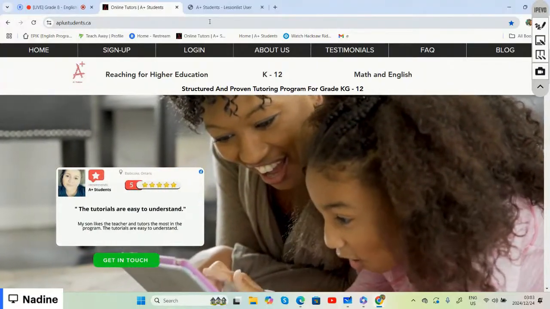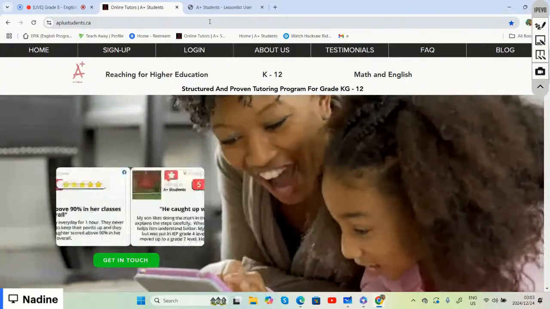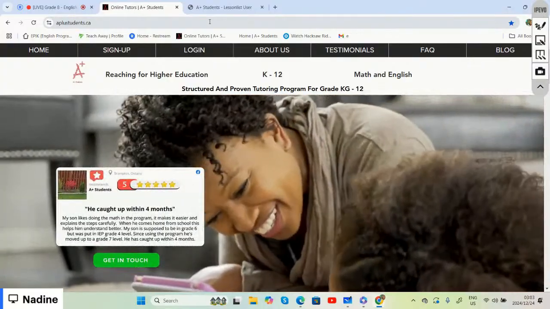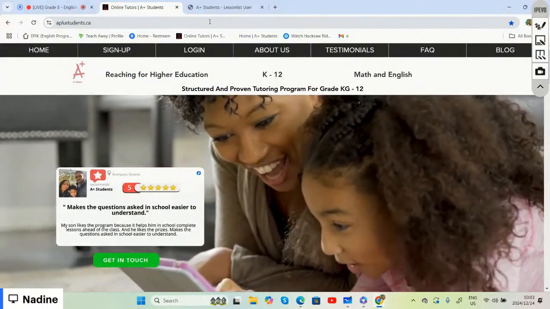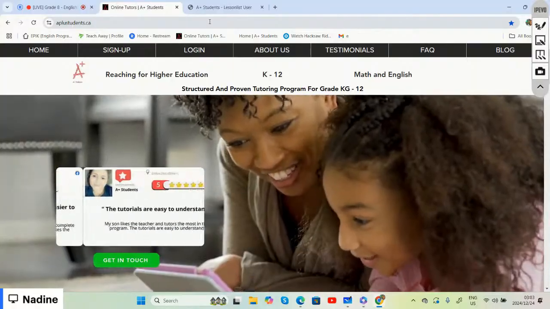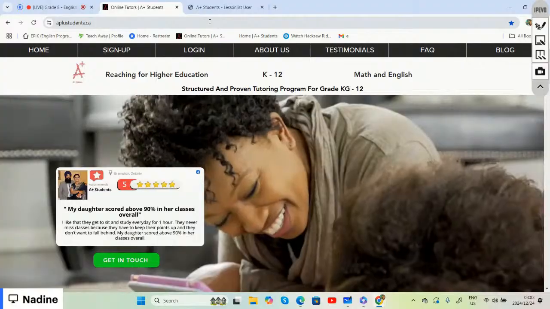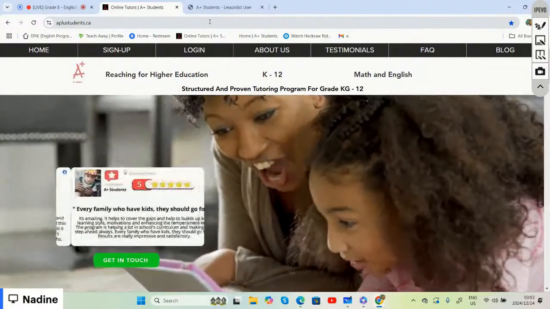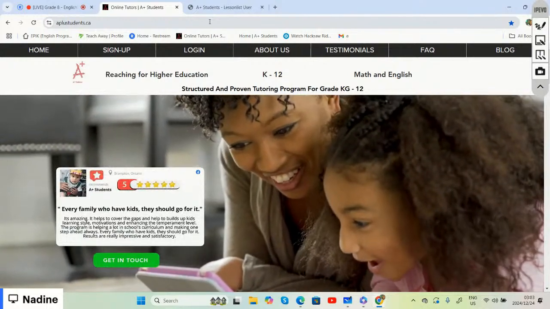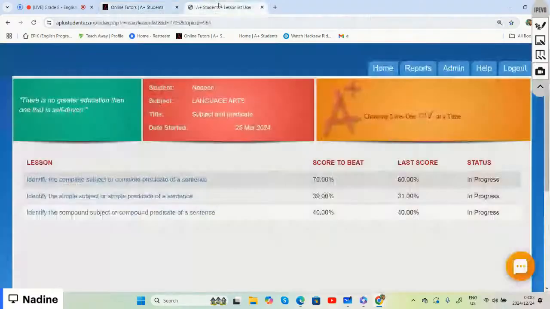We're doing subject and predicate, grade 8, and we are going to aplusstudents.ca. We're going to log on with our username as well as our password, and then scroll down until we get to our chapter of subject and predicate.